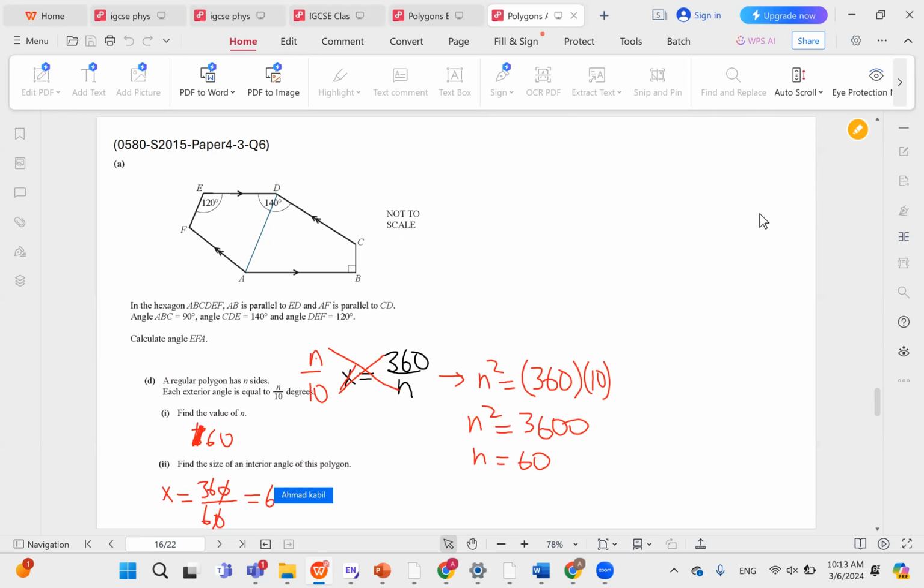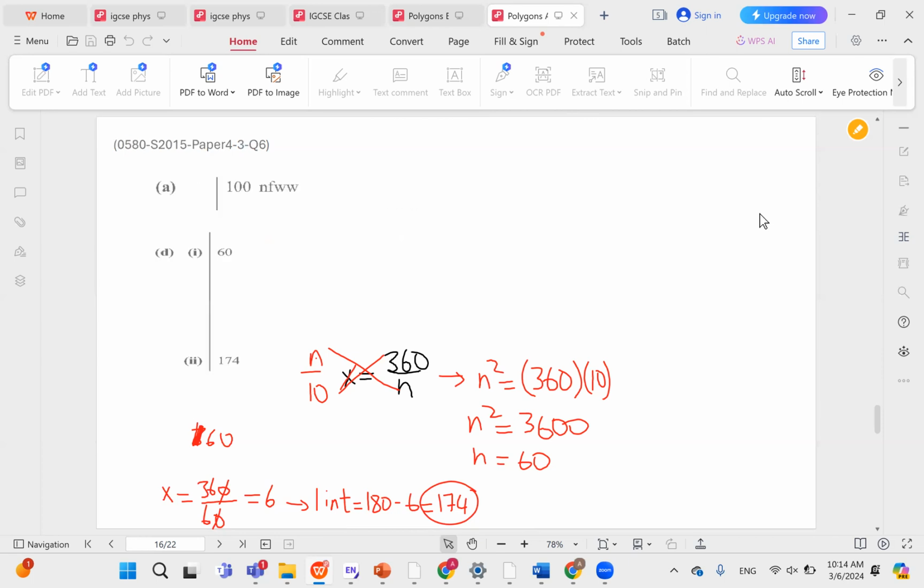So one exterior angle is equal to 6. Therefore, one interior angle is equal to 180 minus 6, and that gives us 174. This is the measure of one interior angle in this polygon. And 174 is correct, and 60 is correct as well. So the final answers are matching those in the marking scheme. So we are fine with this problem.